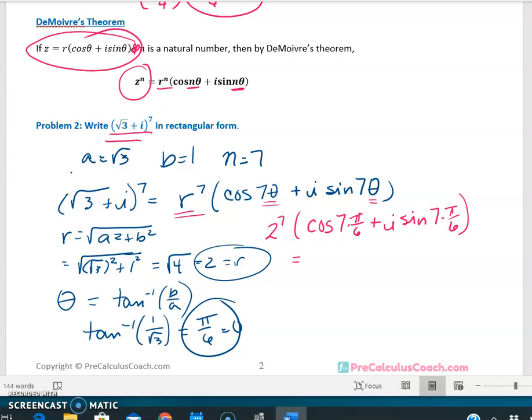Okay, so that's going to give me 128, and that's the cosine of 7 pi over 6, plus i times the sine of 7 pi over 6.